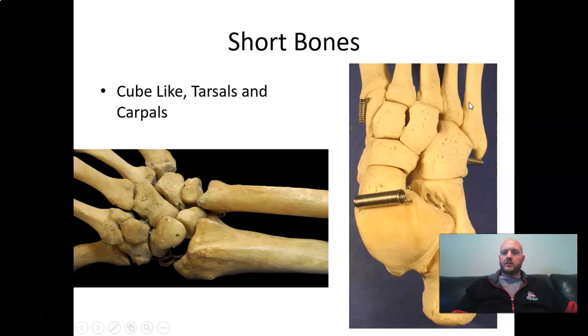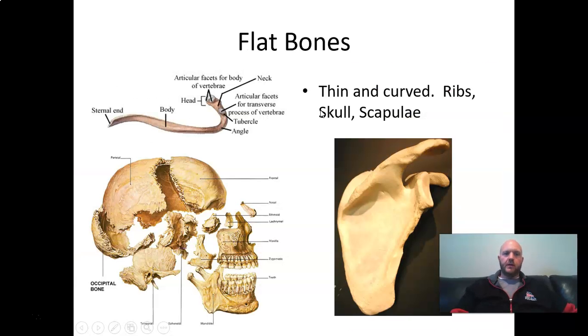Whereas this radius right here, this end here is way different than this middle section. It even happens to be different types of bone. This is actually spongy here, and this is compact over there, and you'll get into that later. But that's distinctly different. So all the tarsals and carpals are short bones.